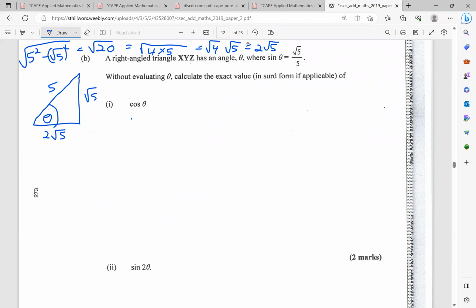So we will get cos theta is adjacent over hypotenuse, which is 2 root 5 over 5.